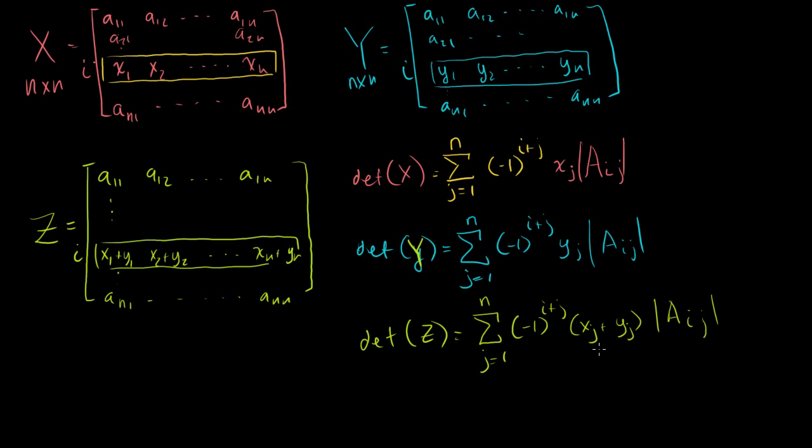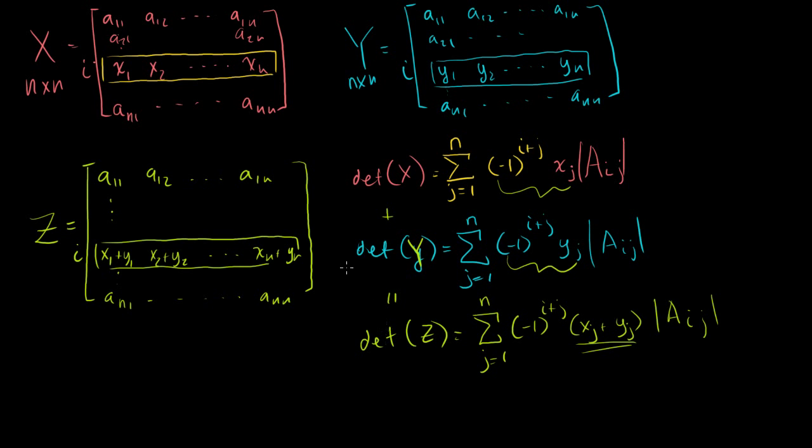Which you might immediately see is the sum of these two things. For every j, you have two coefficients, this coefficient and that coefficient on your aij term, and when you add them up, you can factor this out, and you'll get this right here. So you get the determinant of X plus the determinant of Y is equal to the determinant of Z.